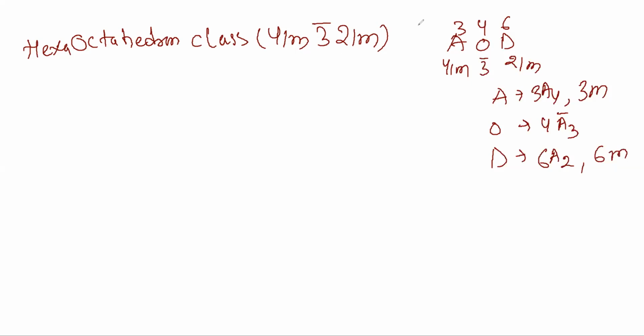So now let's draw this diagram. First, we will be seeing this. Is there any mirror plane on the axis? Yes, all 3 axes have got mirror planes. So for the C axis, the mirror plane is drawn in the outer circle.